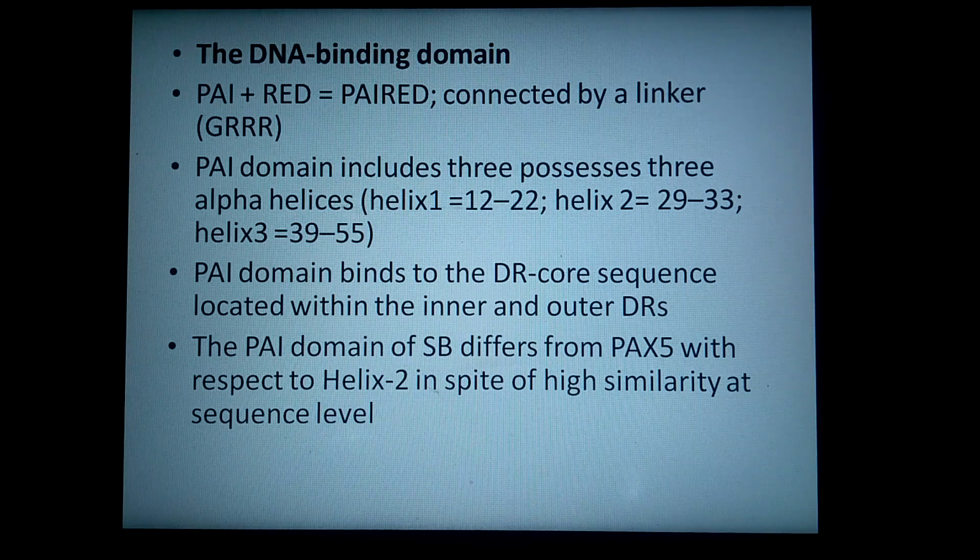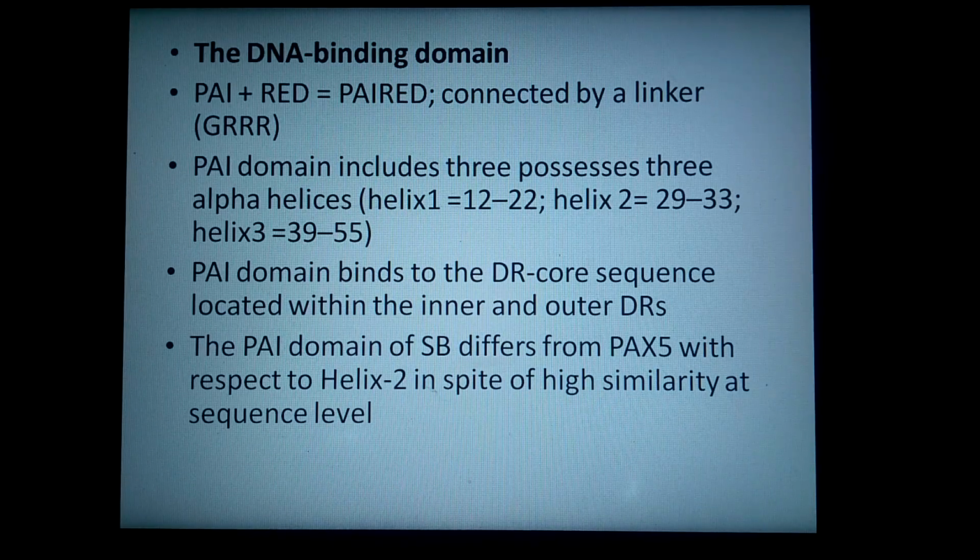We superimposed the PAX5 and SB PAI structures. The PAI domain of SB differs from PAX5 with respect to helix 2, in spite of high similarity at the sequence level. This could be attributed to the simple fact that the structure of SB's PAI was obtained without DNA, whereas the structure of PAX5 was deciphered in complex with DNA. So this is how the DNA binding domain is structured and works.